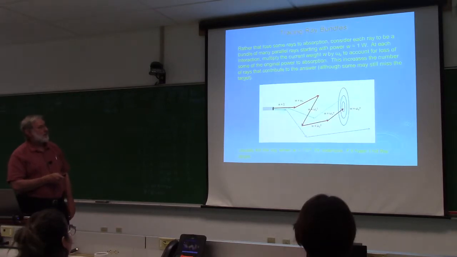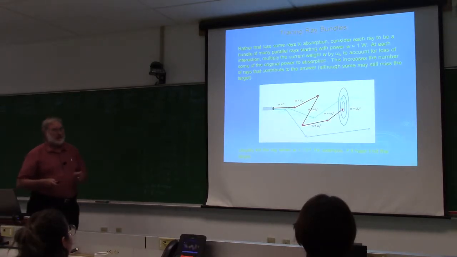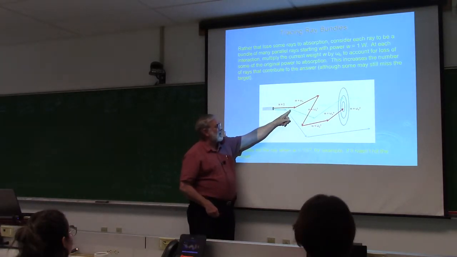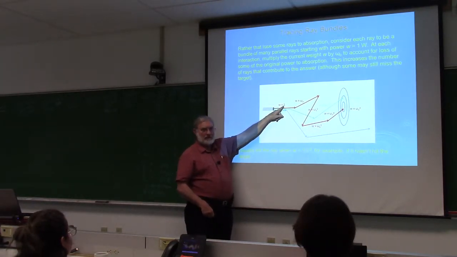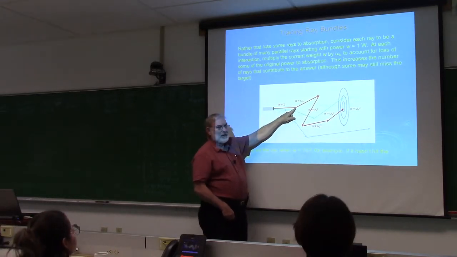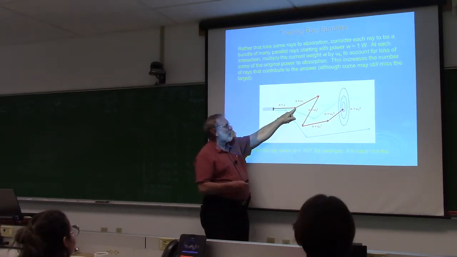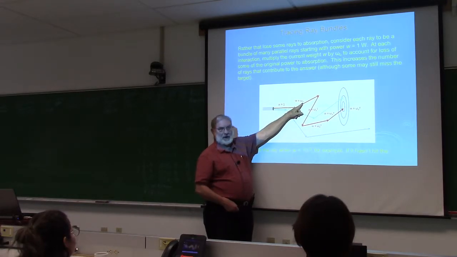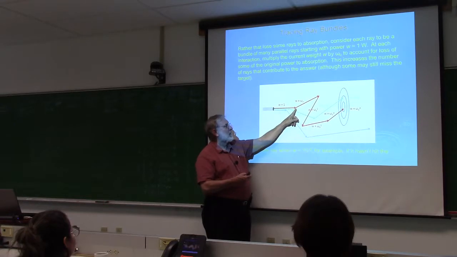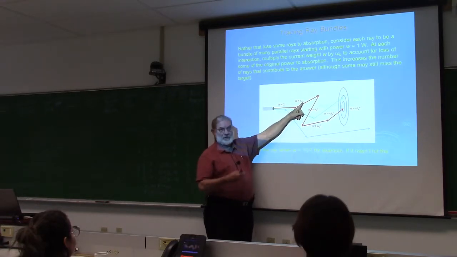So another way to do it is to say, let's assume that each ray here starts out with some weight of 1. And then every time it interacts, we'll assume it's scattered, but we'll decrease the weight by omega naught. So if you thought of this red line as being 1,000,000 rays, then some fraction of them would be absorbed and the others would go on.